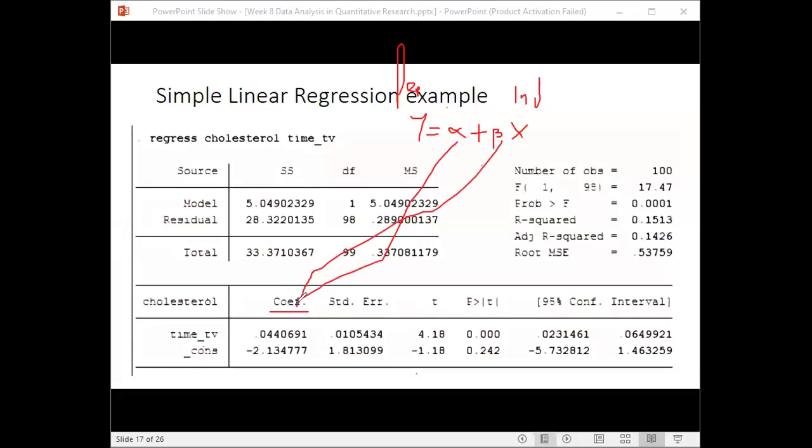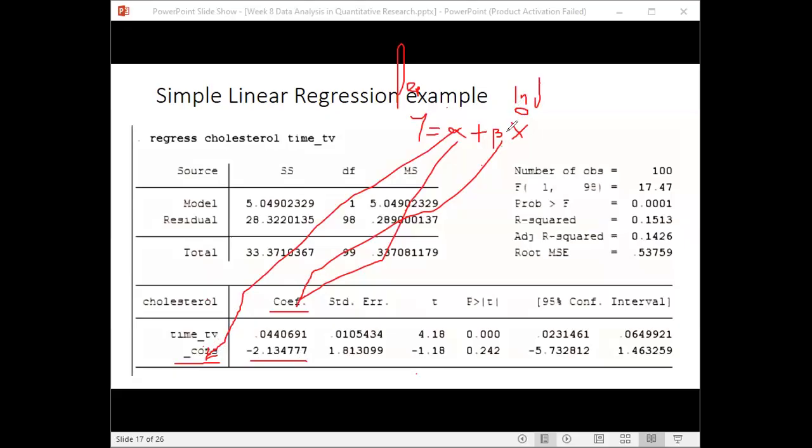Okay. Now pay attention. This constant here you see, underscore CON, is called a constant. That is the intercept. And so alpha here is being measured by this constant. That is the value if x is equal to 0: negative 2 point something.